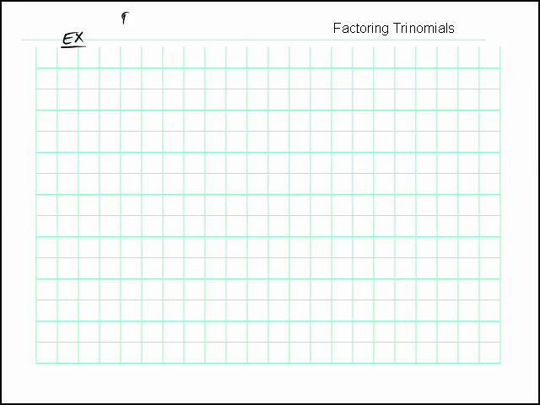Okay, all of these are factoring problems. Factor y squared minus 2y minus 15. Since we do have a y squared in the front, I know this has to be a y times a y, like that.